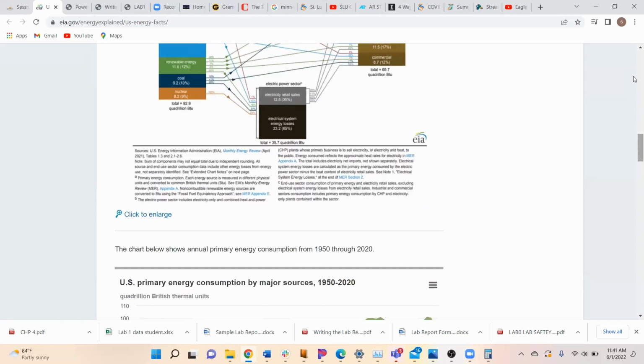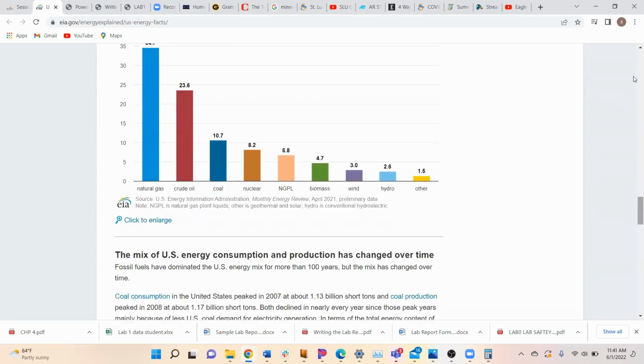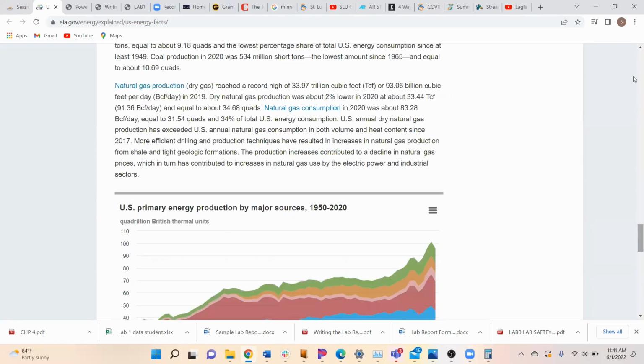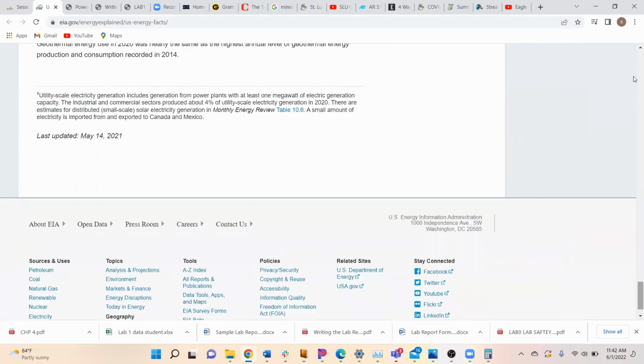So I will leave this article here for you to read. I have a quiz that asks you some information about this, to ensure that you have read it and that you are familiar with the points inside.